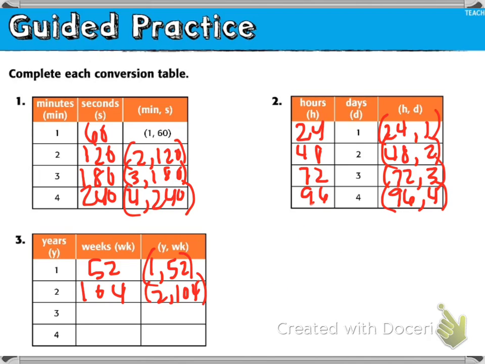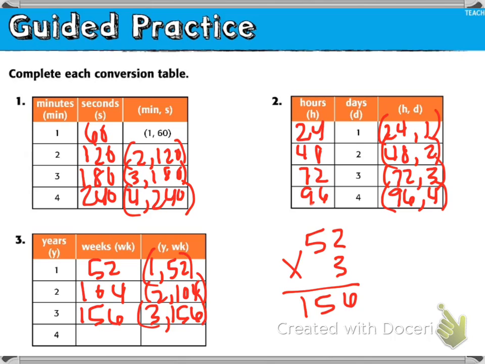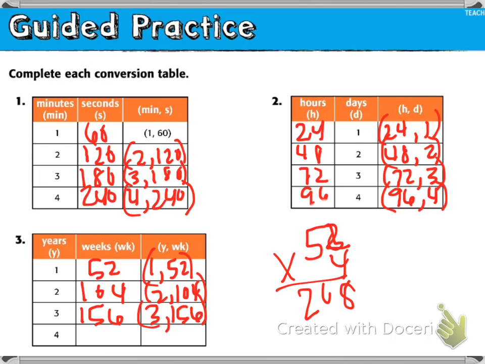How about 3 years? 52 times 3 would be 156. So 3 and 156. And 4 years would be how many weeks? 52 times 4. So 208. So there would be 4 and 208. So 208 weeks in 4 years.